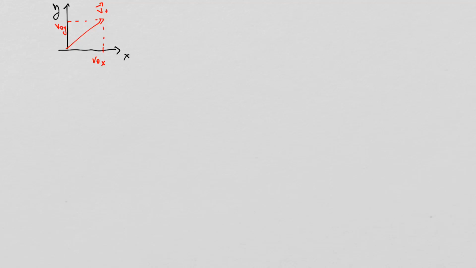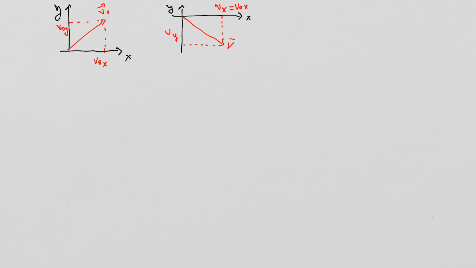And then for the landing velocity, we will have v with components vx, which will be equal to v0x, because horizontally the motion is with constant velocity, so no change, and a vertical component of vy. And so this vector here is v.